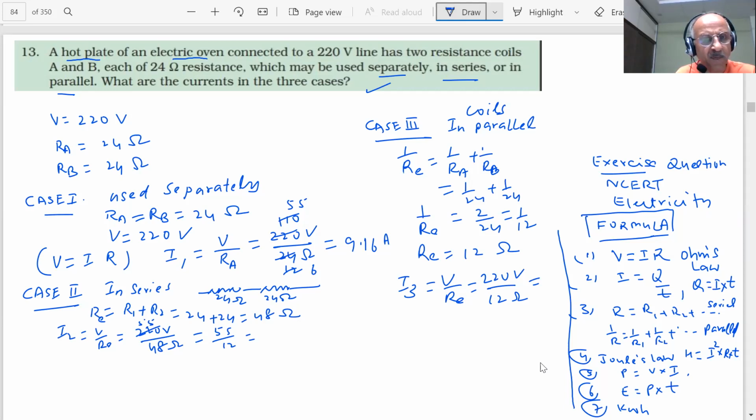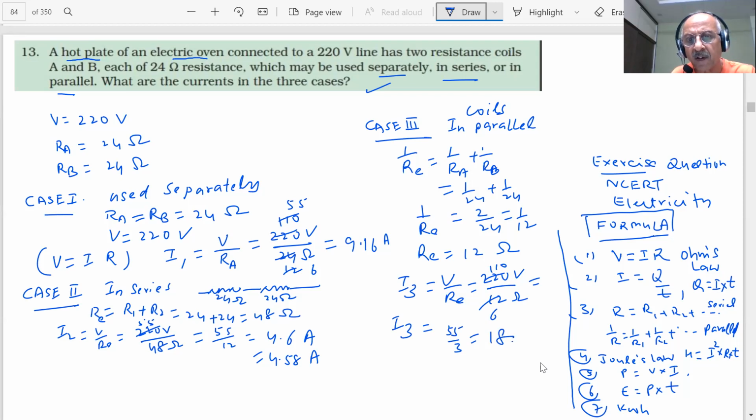How much is that? Around 4.6 ampere, so 4.58 ampere. Okay, 4.58. What is the I3? 18.33 amperes, 55 by 3.